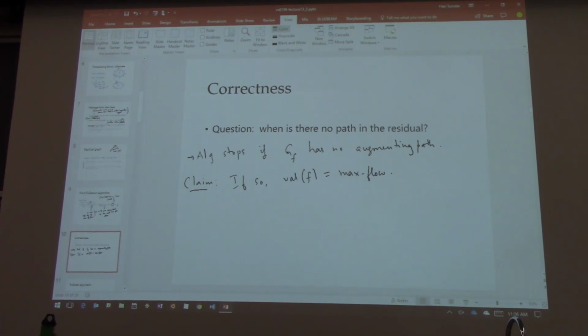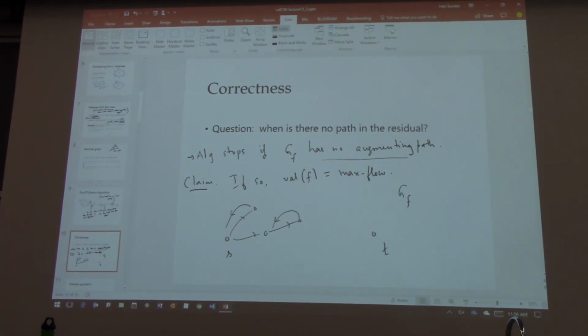Now what does it mean that there is no augmenting path, or no S-T path in the residual graph? We have S here, T here. Edges have some flow, and I'm drawing the residual graph G sub F. There are some edges and some back edges.